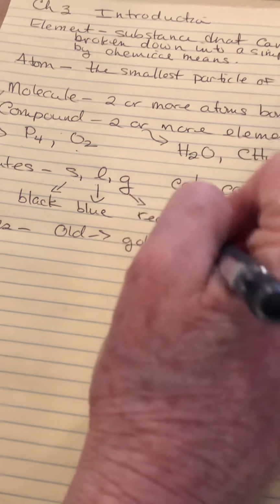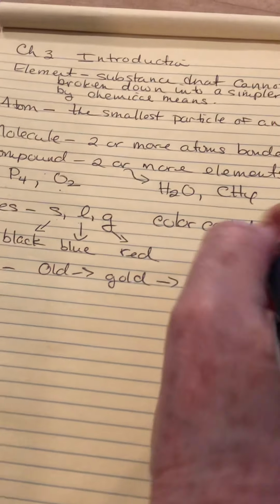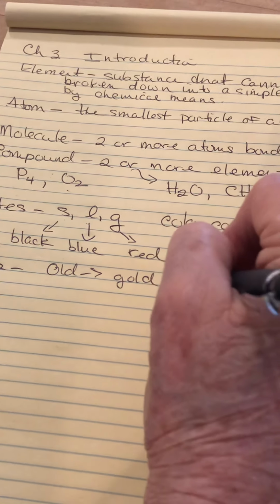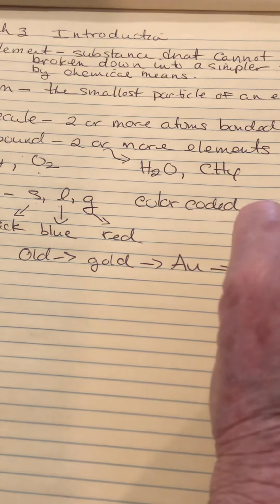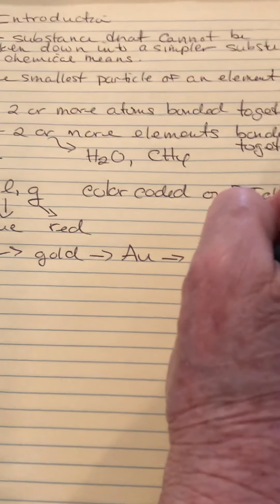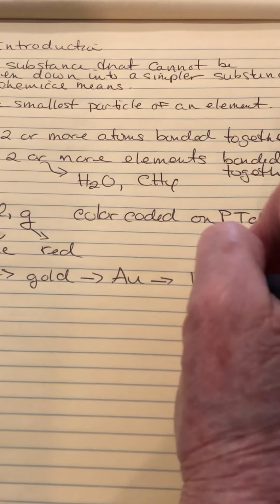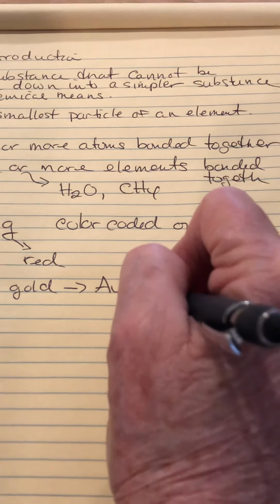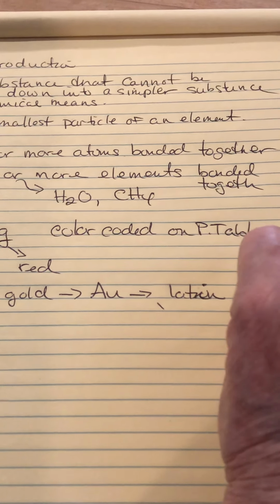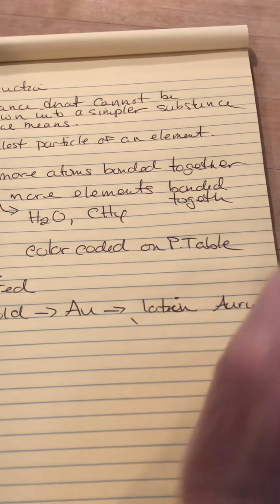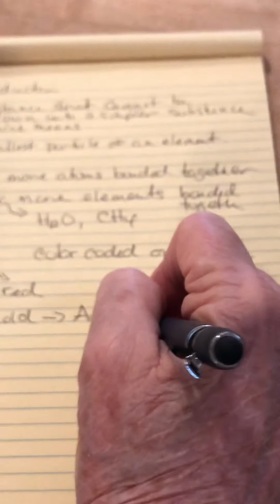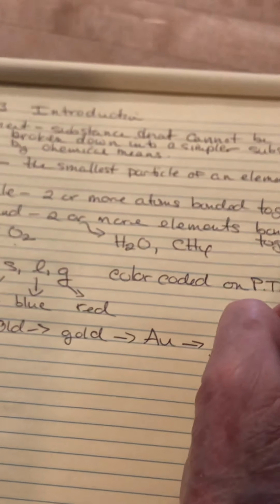Its symbol is AU, and AU comes from the Latin word aurum, meaning shining dawn.